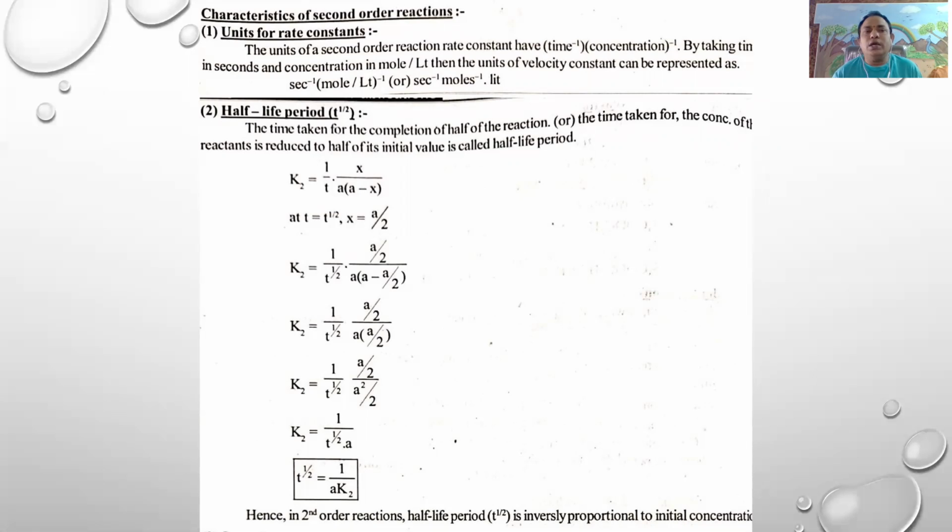That implies K2 equal to 1 by seconds into 1 by moles per liter. That implies the second order rate constant units are mole to the power of -1, liter to the power of 1, second inverse. Next, the second one is half-life period.